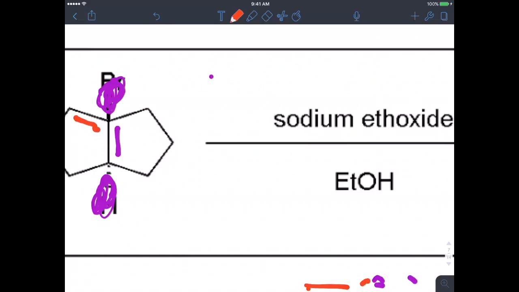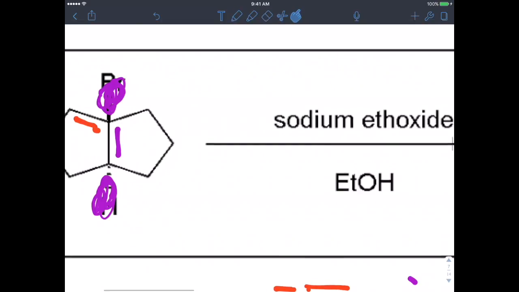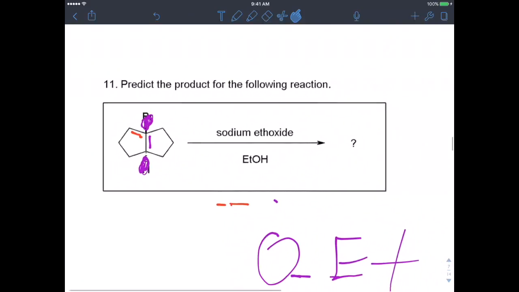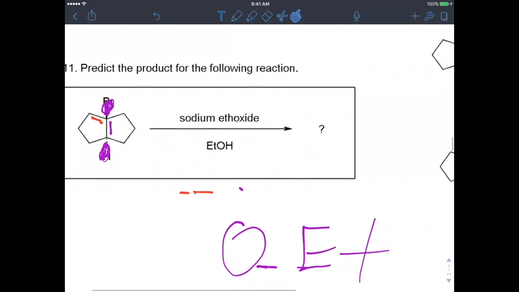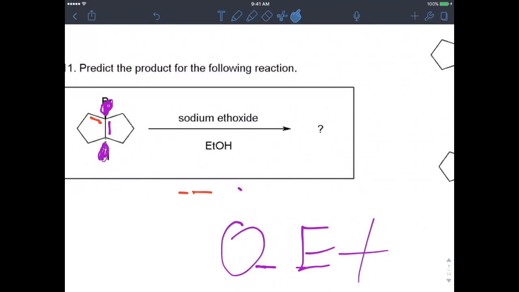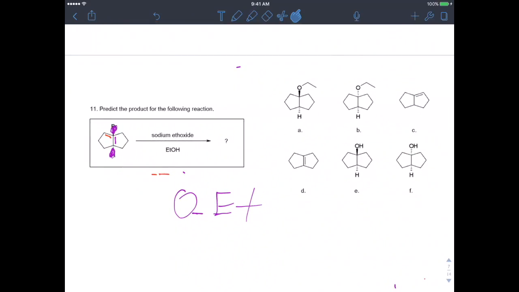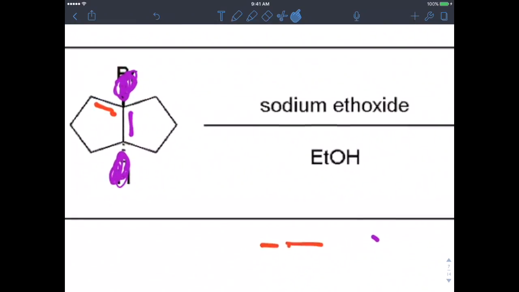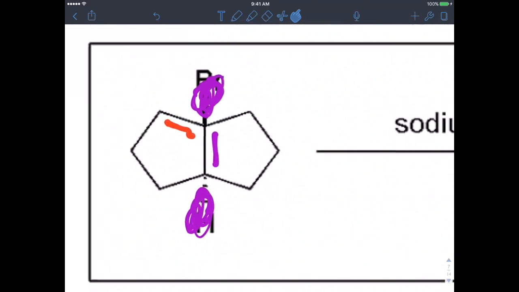That can be this hydrogen as well, because these will be symmetrical, so they're basically the same thing if I drew the double bond here as well. Okay, so now we have to decide whether it's Zaitsev or Hofmann. And since this is not a bulky base like t-butoxide, we know it's going to be a Zaitsev, or more substituted, double bond.